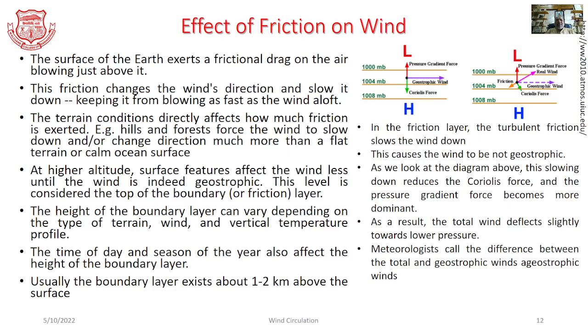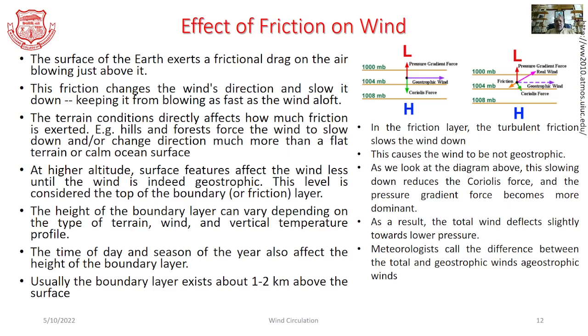As we are trying to understand the occurrence of the wind and how it is influenced by the various forces, the physical hindrance in the form of friction, as we discussed on the initial slide, should also be taken into account.